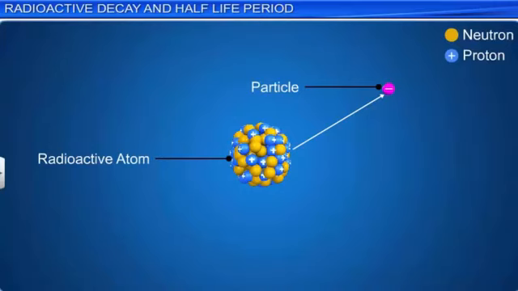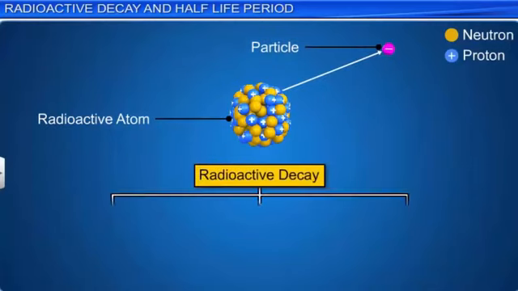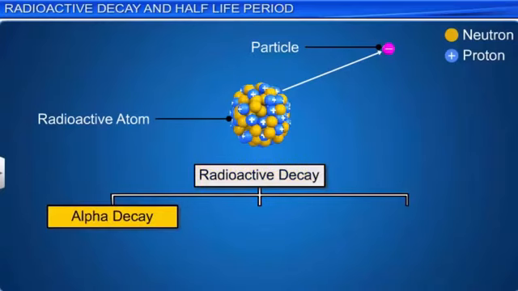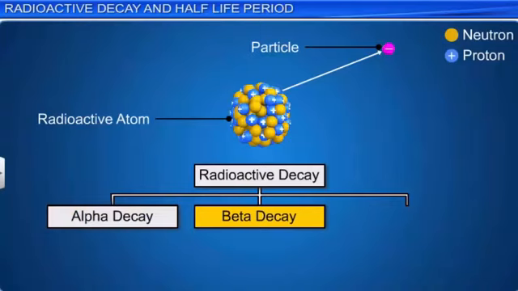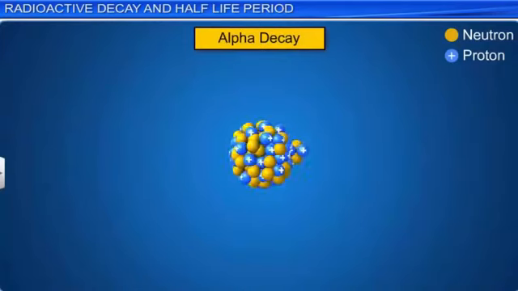In nature, a radioactive nucleus can decay by three modes, namely the alpha decay, the beta decay, and the gamma decay. In alpha decay, a radioactive nucleus emits a helium nucleus, which is referred to as an alpha particle.